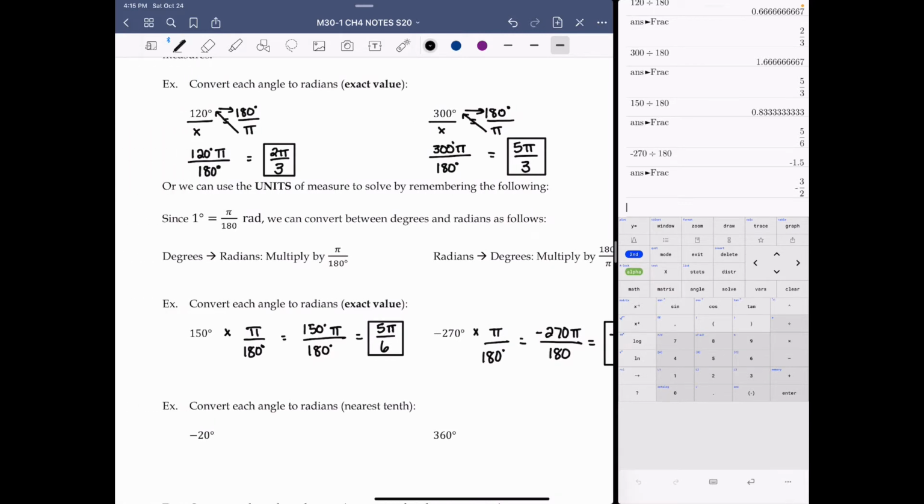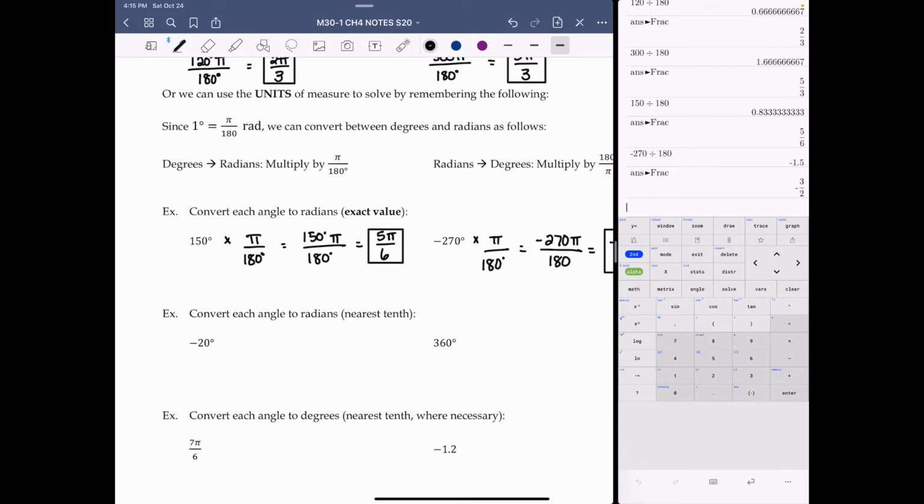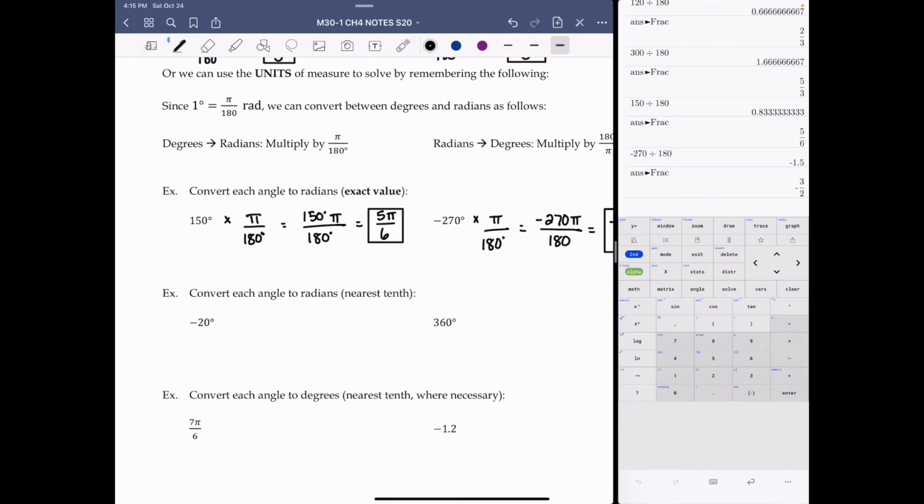Convert each angle to radians, round to the nearest tenth this time. We're going to radians again, so we're multiplying by pi over 180, but this time we're not writing our answers in exact values, so we're actually going to calculate.